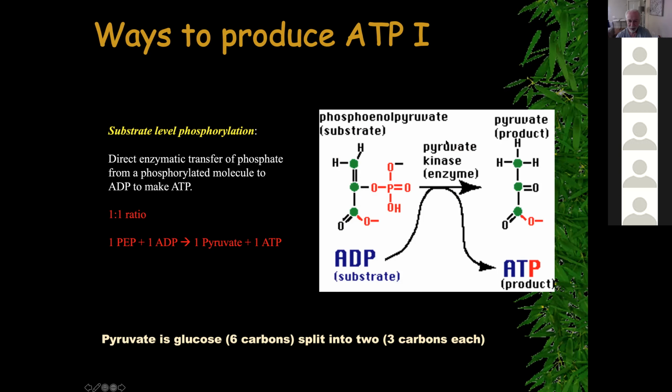An enzyme called pyruvate kinase takes that phosphate from PEP, hands it off to ADP to make ATP, and pyruvate is the product. Pyruvate kinase, anytime you see an enzyme named a kinase, it almost surely involves a transfer of a phosphate group.